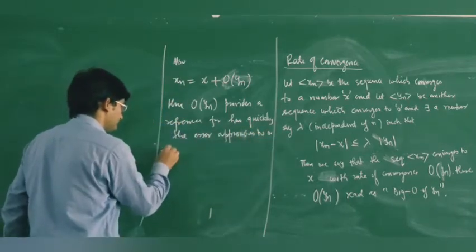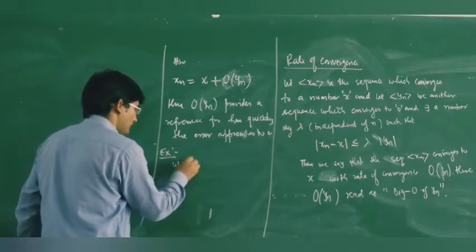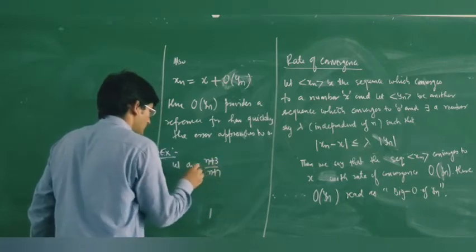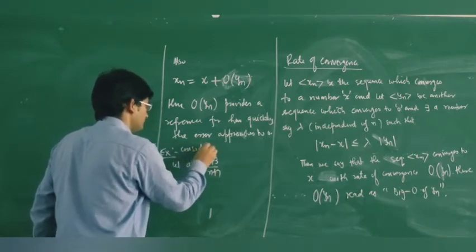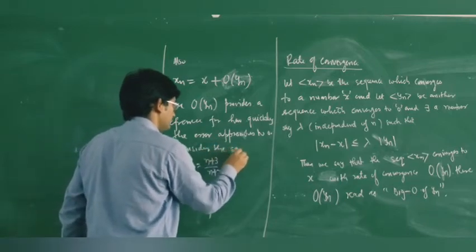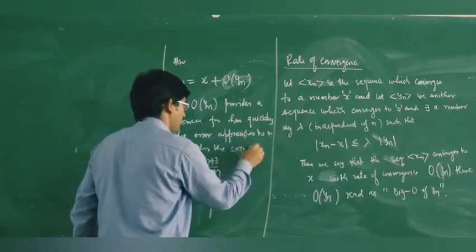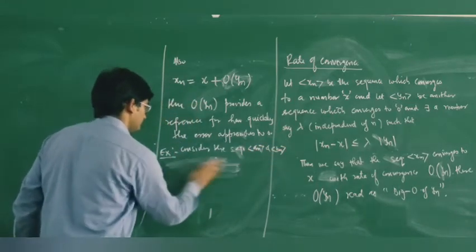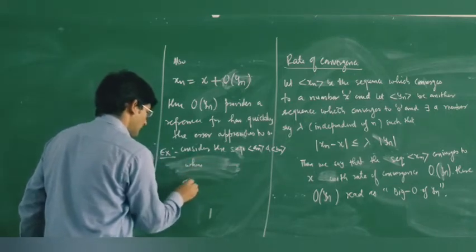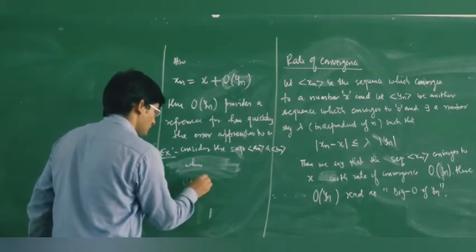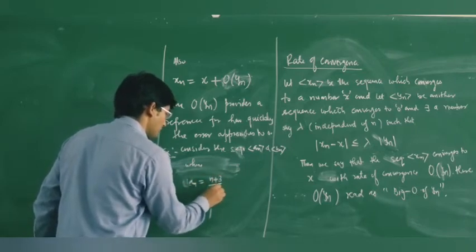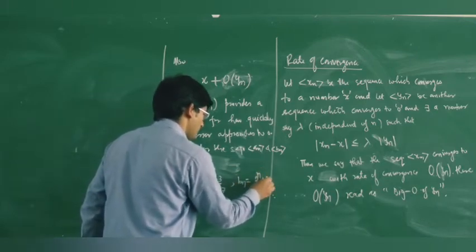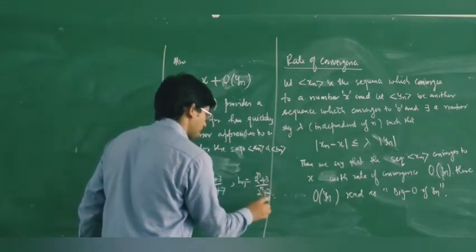Consider the sequences an and bn, where your an is equal to n plus 3 upon n plus 7 and your bn is equal to 2 power n plus 3 upon 2 power n plus 7.